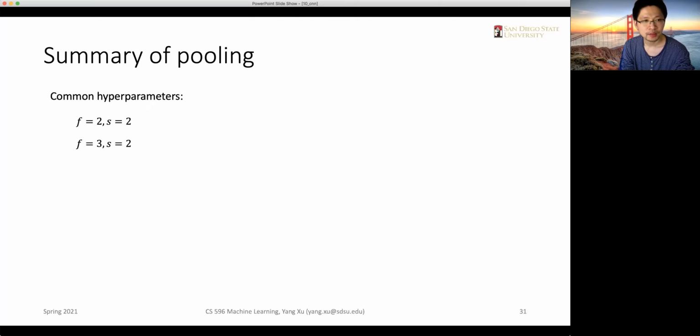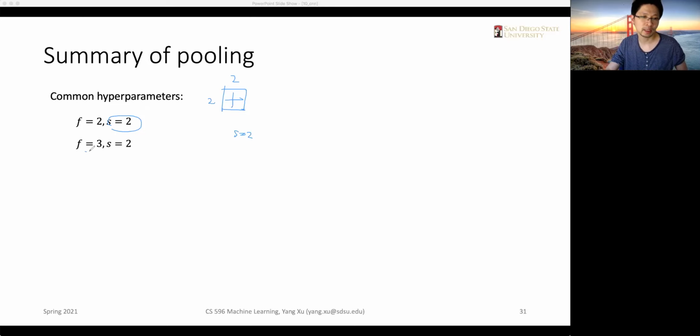The commonly used parameters for pooling are stride 2. When you use a 2x2 filter with stride 2, you slide the filter over the input without overlap, so we just select the regions and pool them independently.